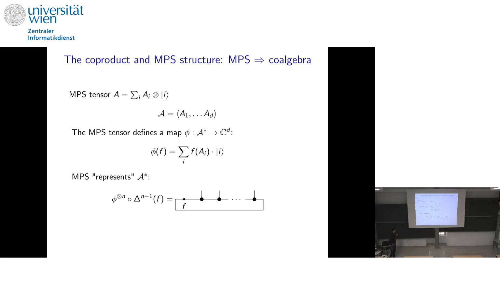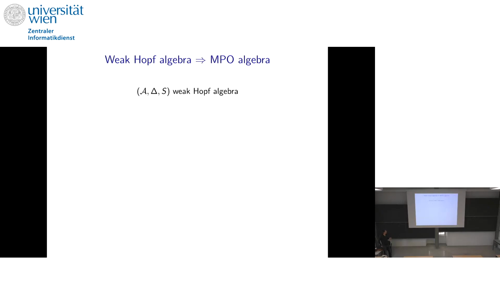Right. So what we have learned so far is that MPS structure and coalgebra structure are very much related to each other. So, how to apply this for our algebras? Again, in a Hopf algebra, we have the algebra and the antipode. Let's just again forget about the antipode and think about the algebra and the coalgebra structure.